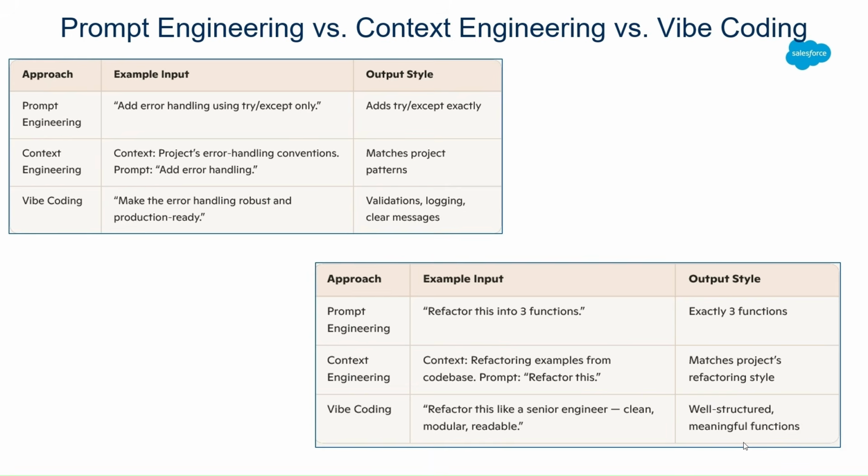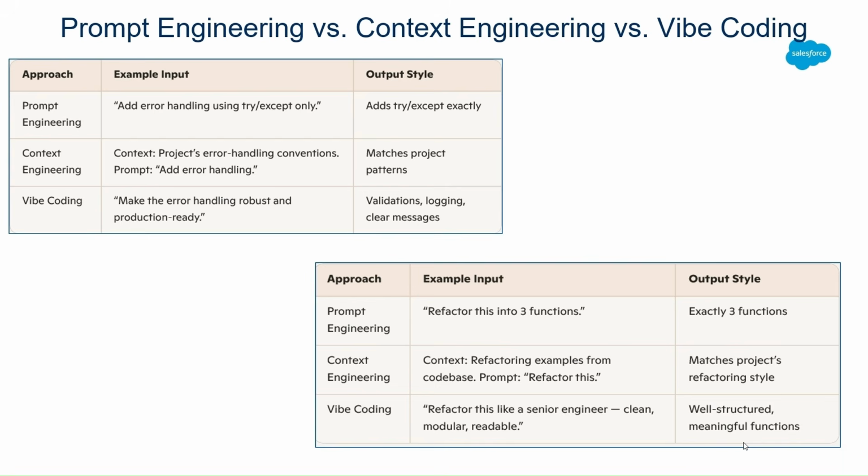So the new project will have error handling similar to the one done earlier in the other projects. And then in vibe coding, I will just say, make this error handling robust and production ready, and I will get an output with all the validations, logging, and clear messages.